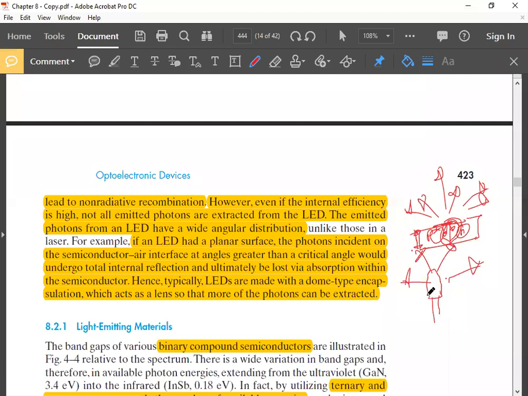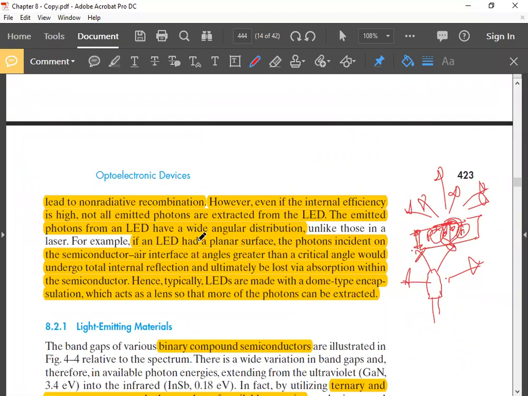I am sure you have seen this kind of dome-shaped LEDs in the labs. So this is nothing new to you, but this is done purposely to reduce the total internal reflection and to increase the extraction efficiency.